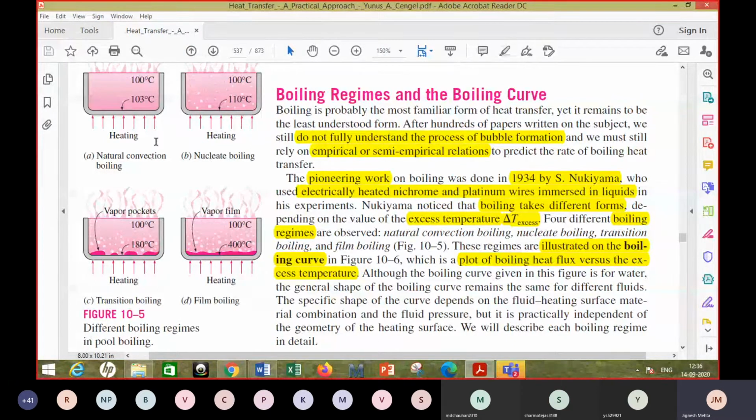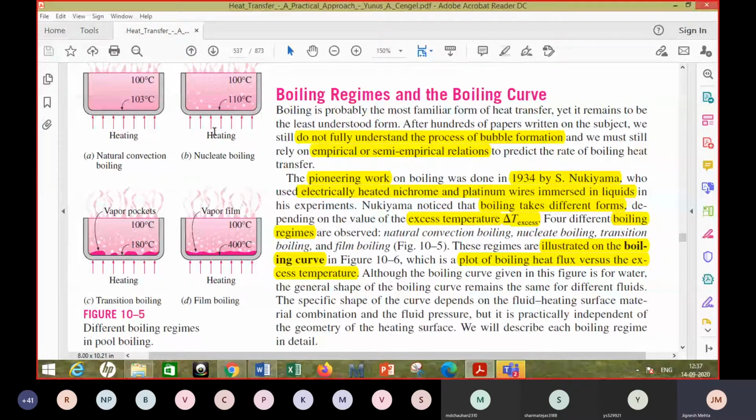As I told you, you should not think of it as, let's say I've started supplying the heat, so it reached 110 and then it increased to 110 and then 180. No, you consider them to be separate systems. One system where you are able to maintain it at 103, here you are able to maintain it at 110.